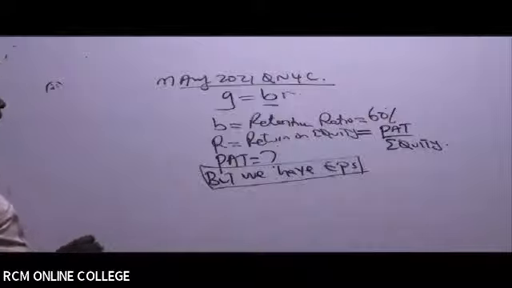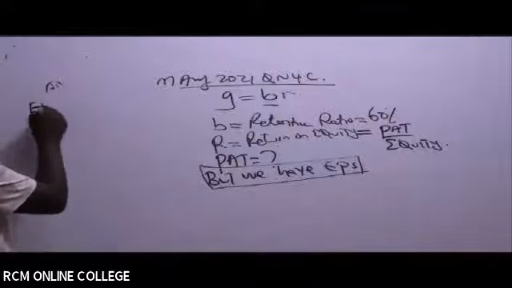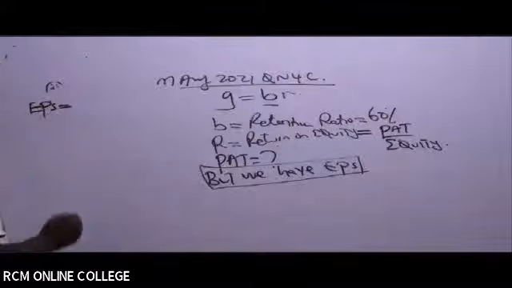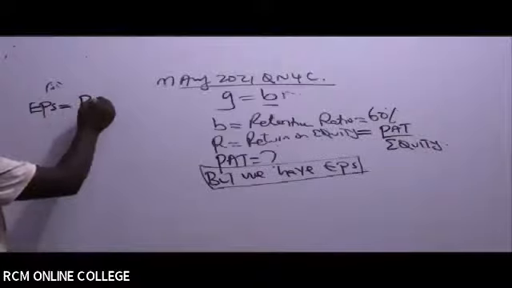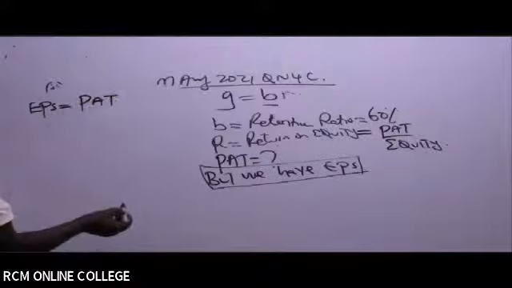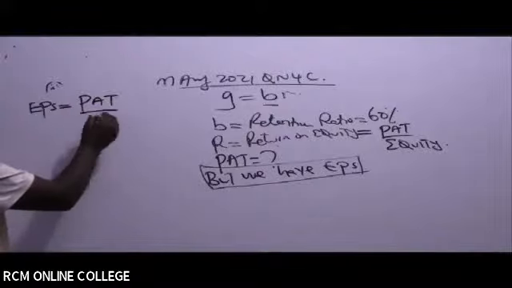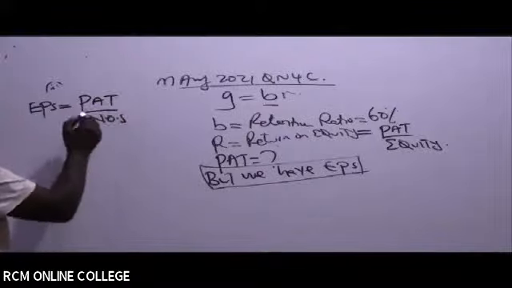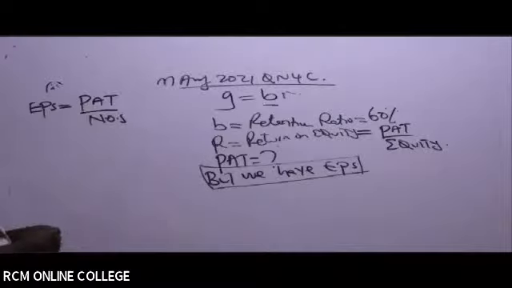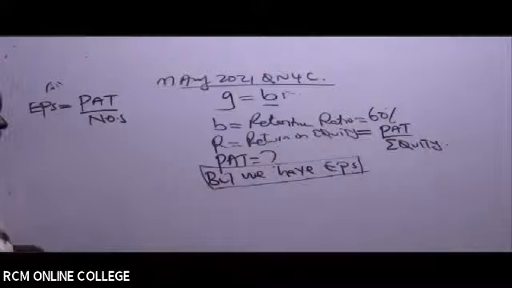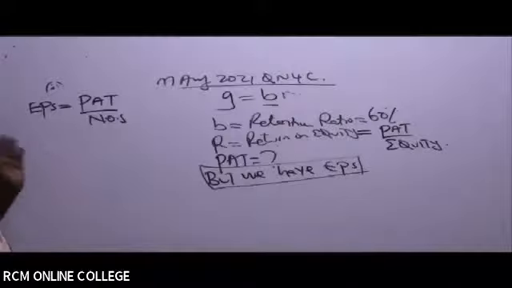Is there someone who can remind us the formula of getting earnings per share? Earnings per share is profits attributable to ordinary shareholders all over number of shares, right in full. Anytime they want you to give us EPS, we normally take PAT all over number of shares.